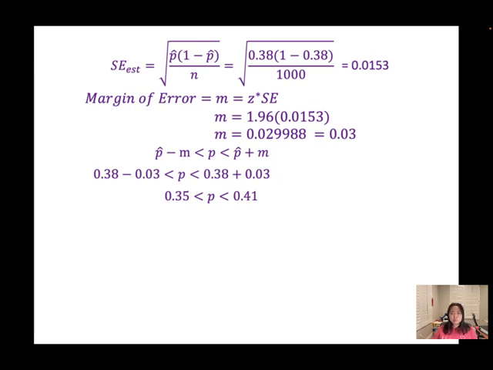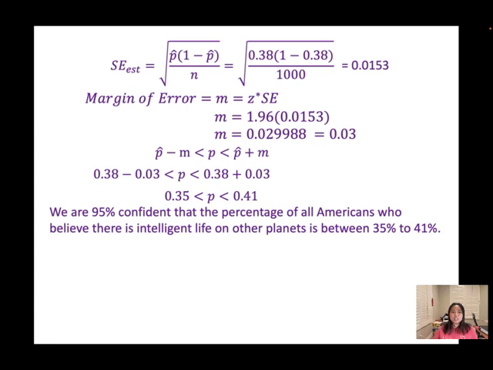So my population proportion will be within 35% to 41%. Okay, after that, make sure you draw the conclusion on the exam, okay? We're gonna say we are 95% confident that the percentage of all Americans who believe there is intelligent life on other planets is between 35% to 41%. Okay, make sure you guys draw the conclusion on the exam.